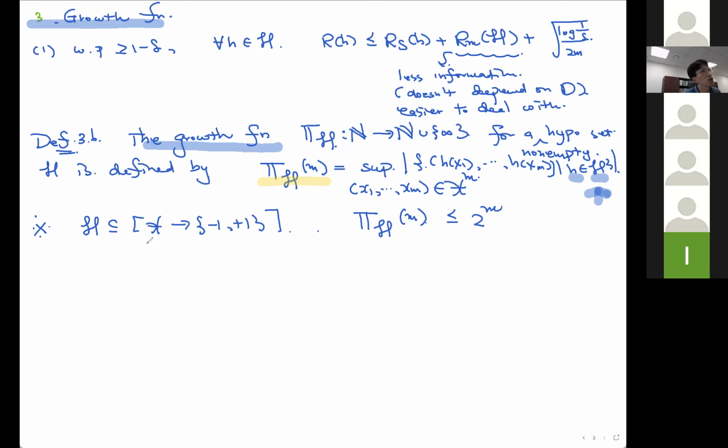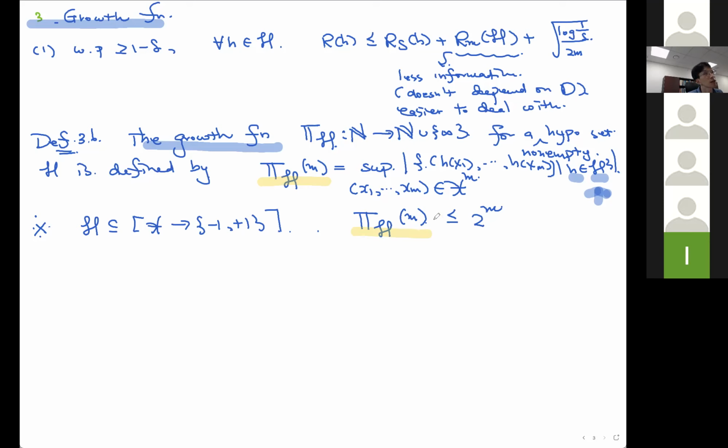In this setting, when m gets larger, the growth function will become larger. It's a monotone function with respect to m, but the maximum it can have is 2 to the m.